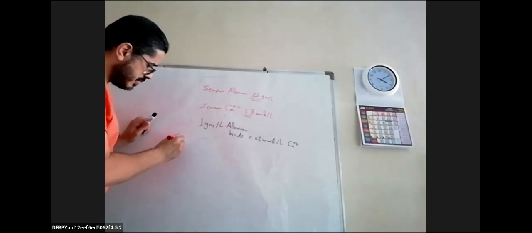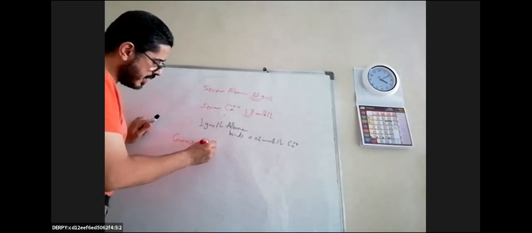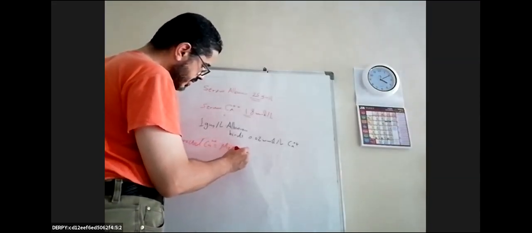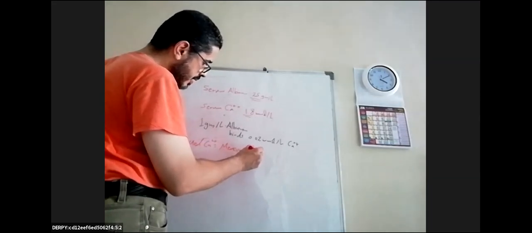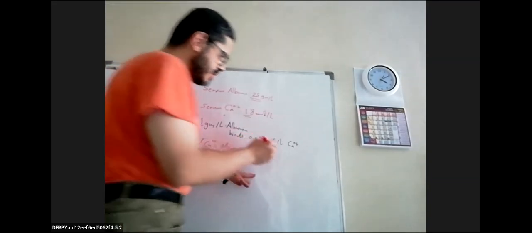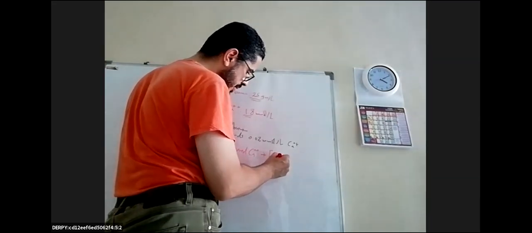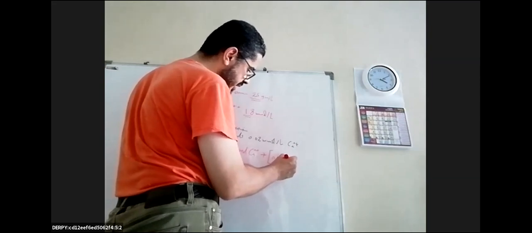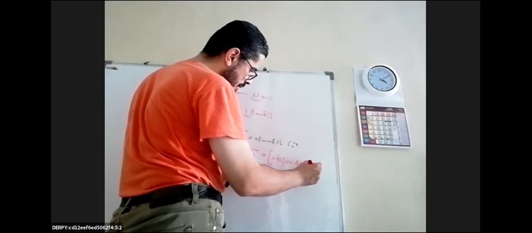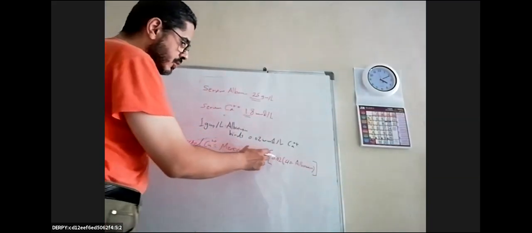Corrected calcium equals measured calcium plus 0.02 times 40 minus albumin.